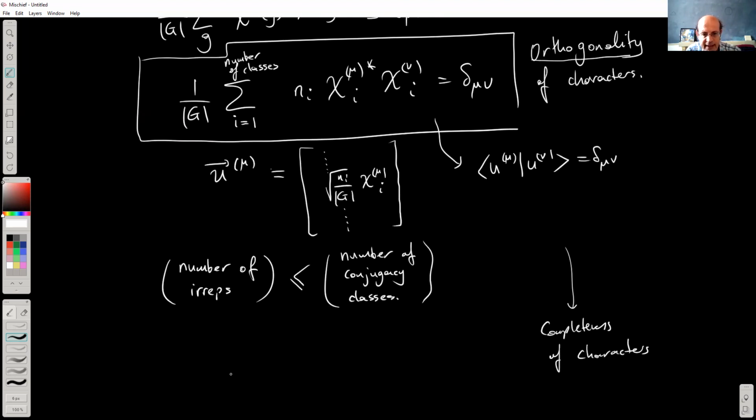So this basically tells us that if I do a summation over mu of ni, there's 1 over g also outside, character I mu complex conjugate, character j mu is equal to delta ij. And I think I can move this I to the other side.